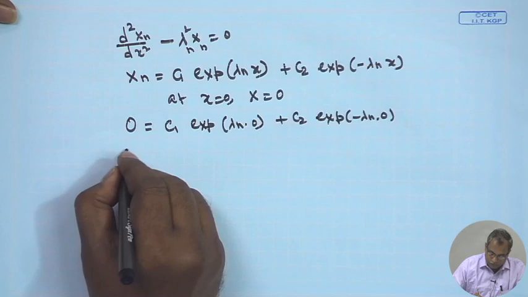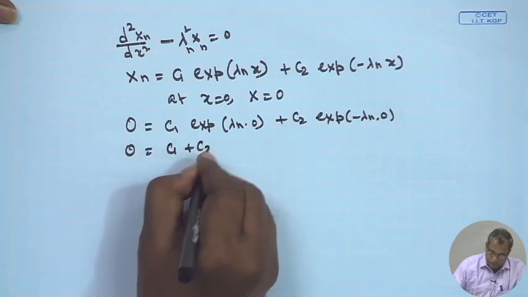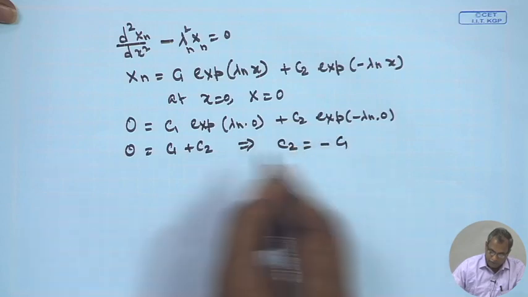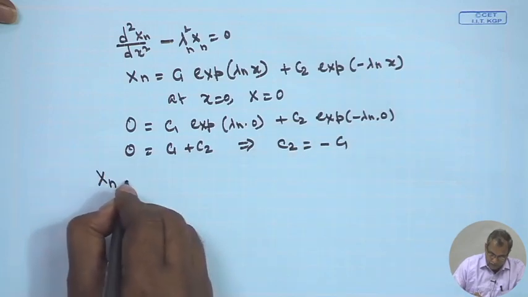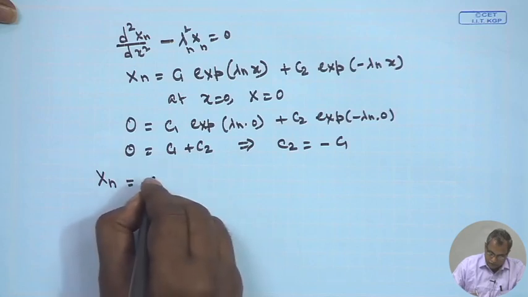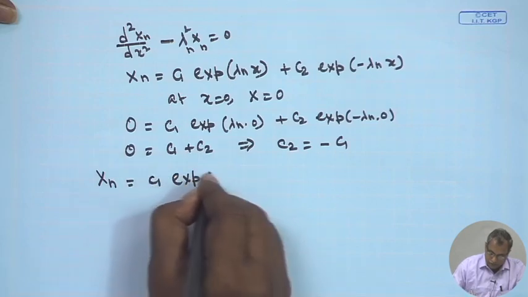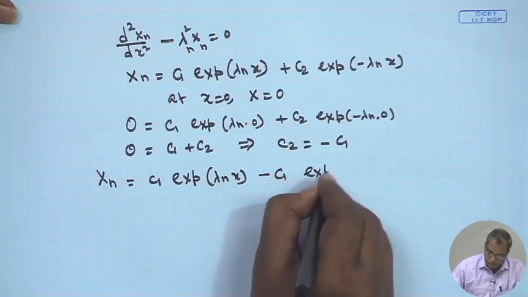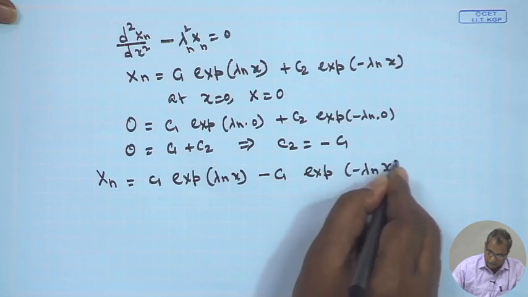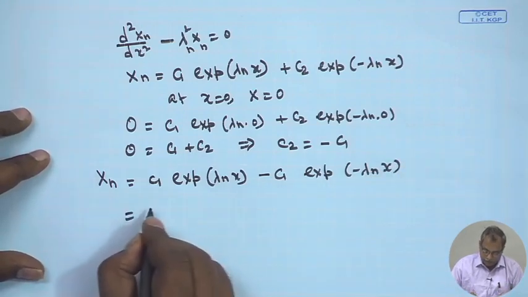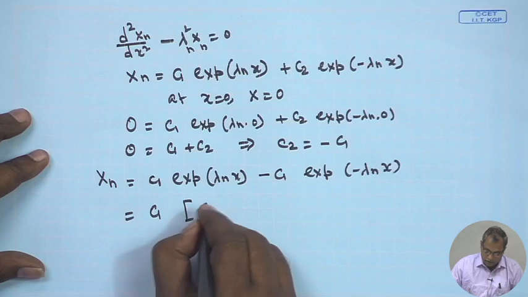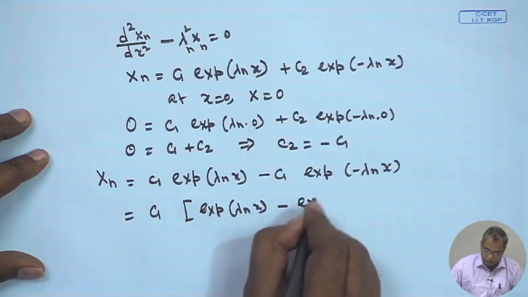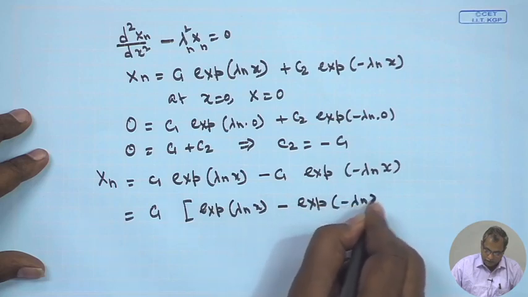So, it will be 1, and we get 0 = C1 + C2. From there, C2 = -C1. Then Xn = C1 exp(λn x) - C1 exp(-λn x) = C1 [exp(λn x) - exp(-λn x)].